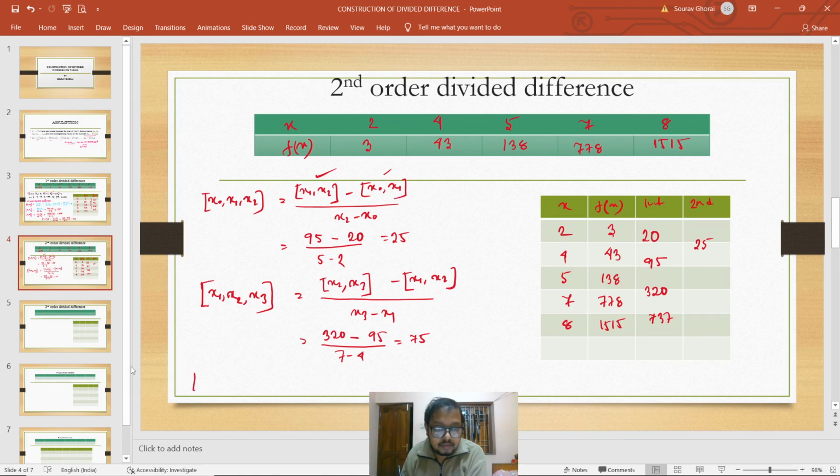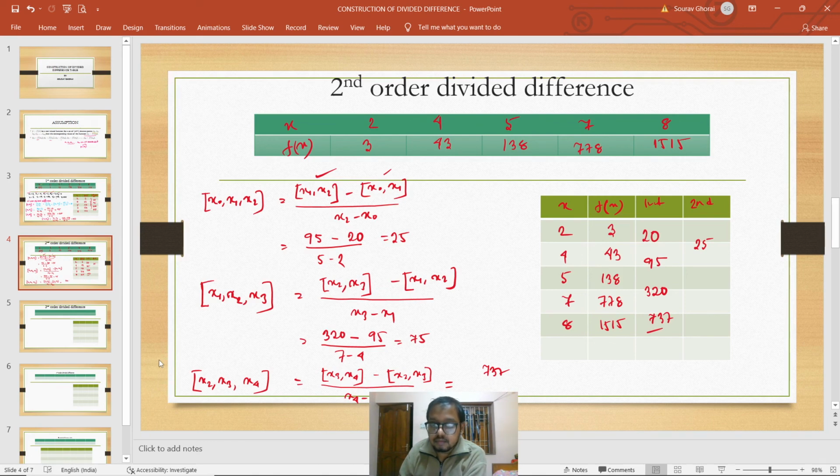And now if we simplify the last one, that is [x2, x3, x4], we can write that is [x3, x4] minus [x2, x3] divided by x4 minus x2. So from here, what is the value of [x3, x4]? That is 737.